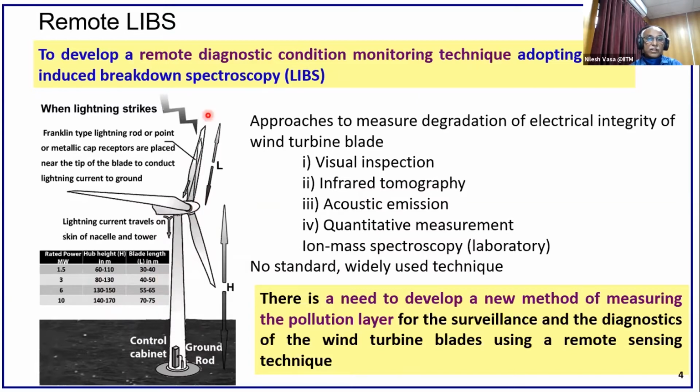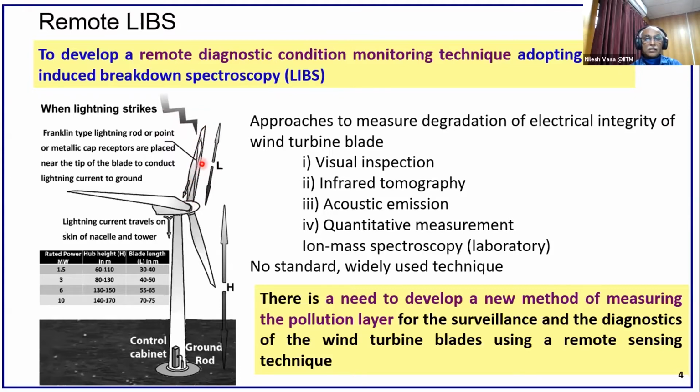So the wind turbine is at a very high height, and generally lightning will not get attached to these wind turbine blades because they are made from glass fiber reinforced plastics and vacuum molded.